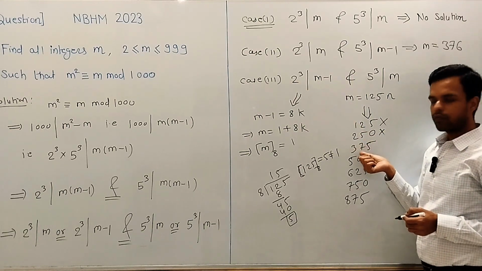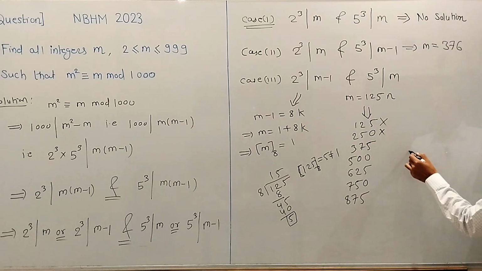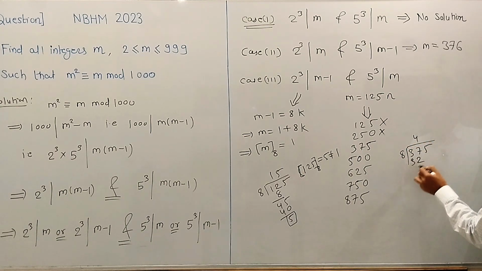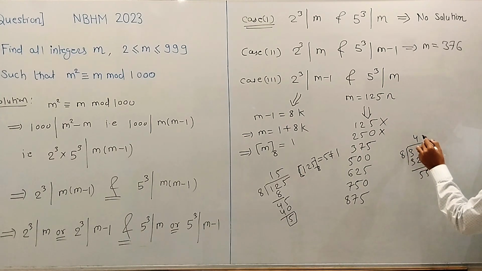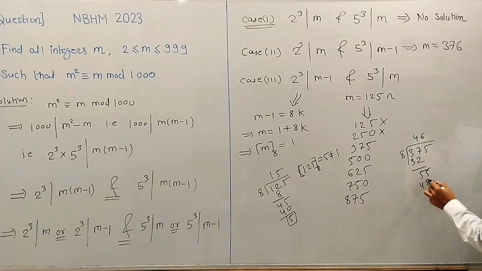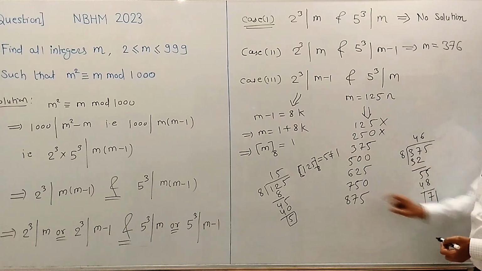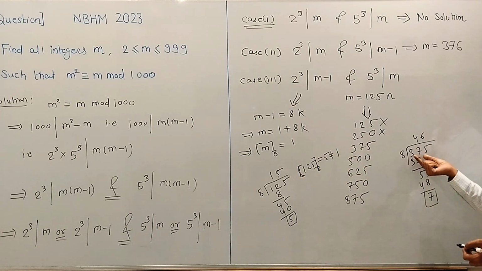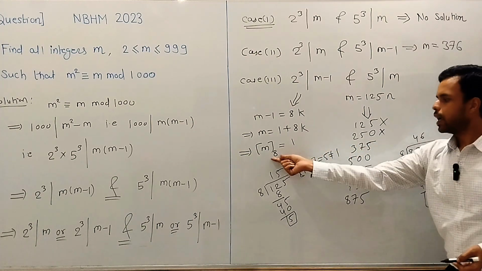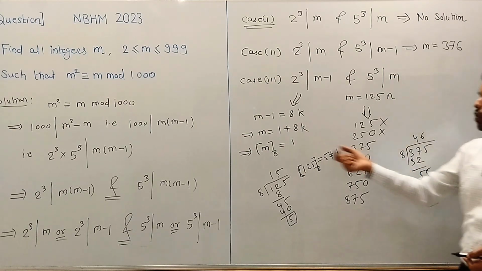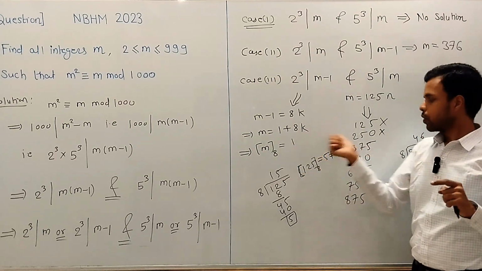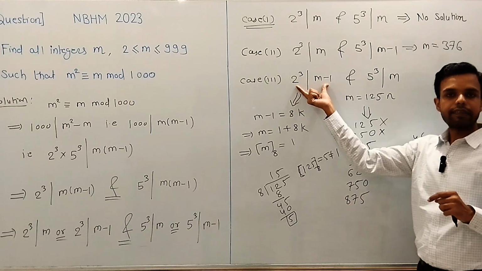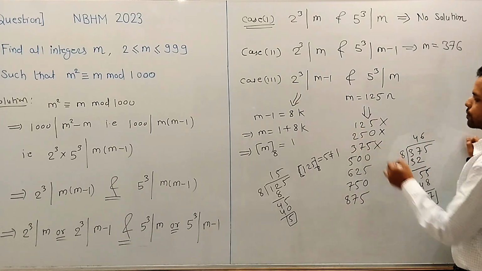Now let's verify for 375. 375 when divided by 8 gives remainder 7, which is not equal to 1. So 375 modulo 8 is equal to 7, not equal to 1. So 375 does not satisfy this condition. So this is also discarded.